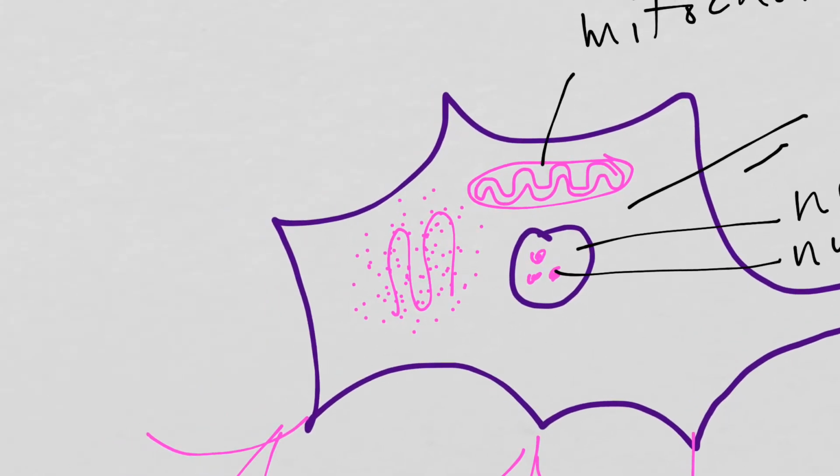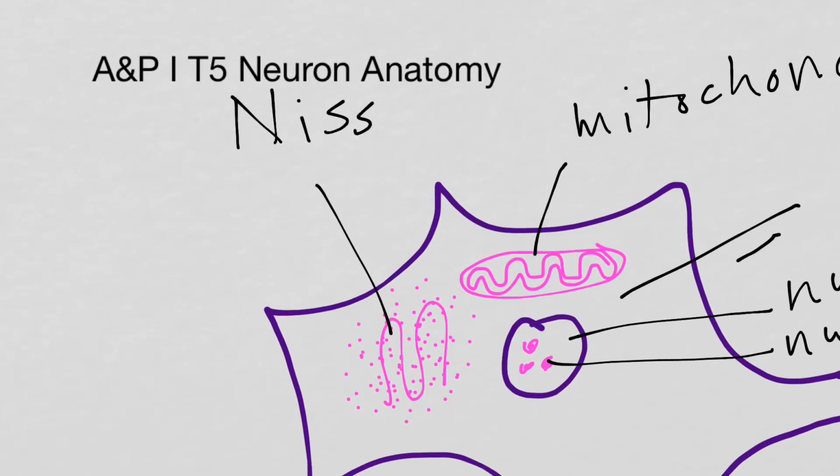You got it? Anybody remember where ribosomes are made? In the nucleoli. So the rRNA is made in the nucleolus, and then the rRNA and the proteins are assembled into ribosomes in the nucleolus, in the nucleus. Nissl, capital N, it was the dude's name. Nissl bodies.